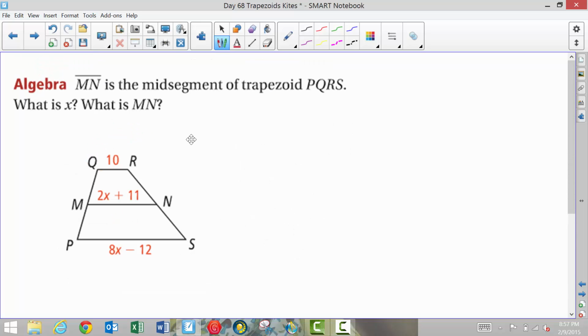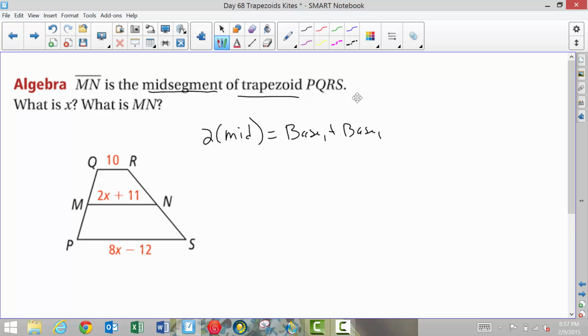So I want the value of x, and then I want the value of MN. Okay. So since I tell you it's a mid-segment, okay, and it's a trapezoid, I don't care what type of trapezoid, I can just still apply my mid-segment rule for a trapezoid, which is 2 times the mid-segment equals base 1 plus base 2.